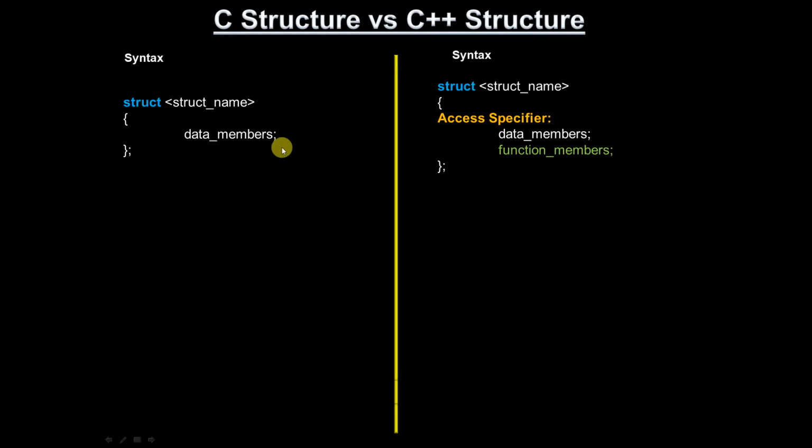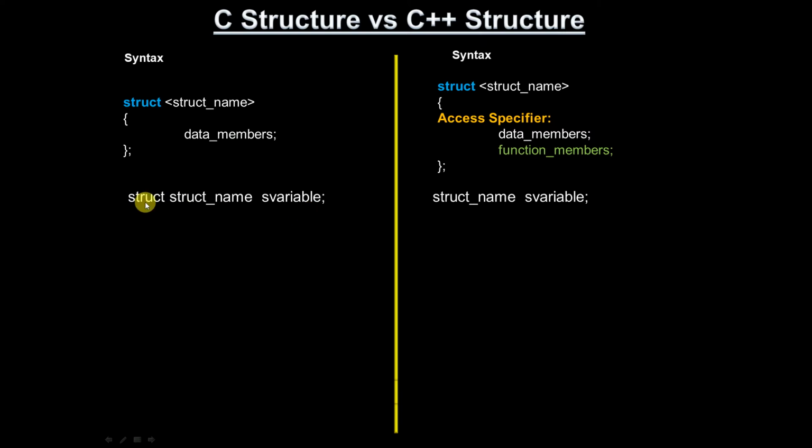So here, what is the difference we can figure out? One is access specifiers and another is function members. A C++ structure has access specifiers, and not only data members but also function members inside the structure.